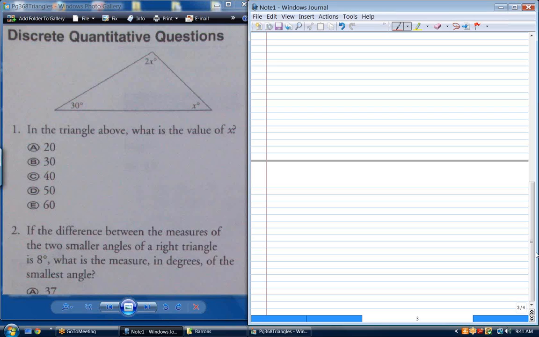Okay, what's the value of x in the triangle above? I would take 30 plus 2x plus x equals 180. And then solve for x. So we get 3x equals 150, x equals 50.